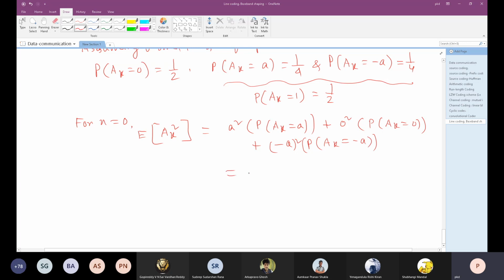So this is equal to, again, if we add, A square by 2.